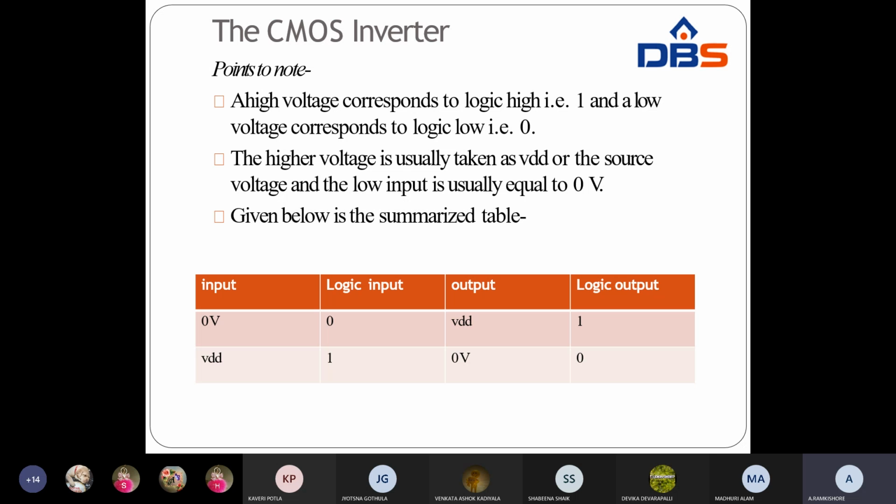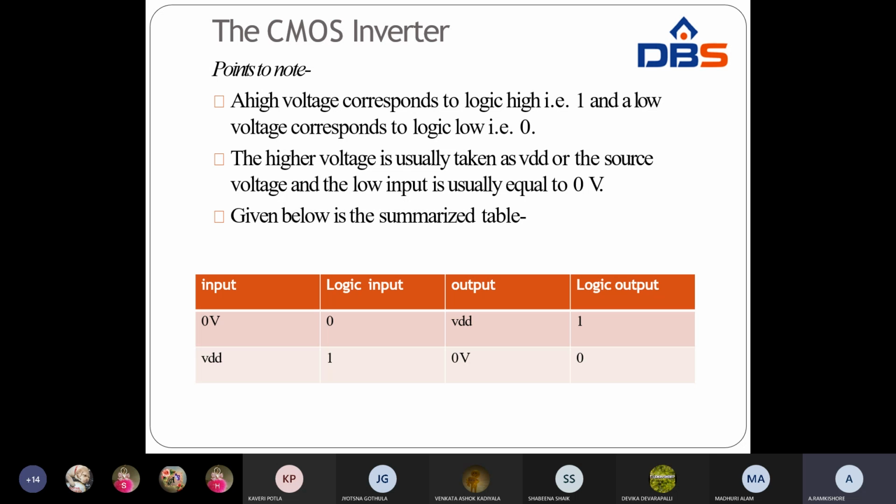This is the CMOS inverter truth table. In case one, the inputs applied are 0 and VDD voltage, where 0 is equivalent to logic 0 and VDD is equivalent to logic 1.